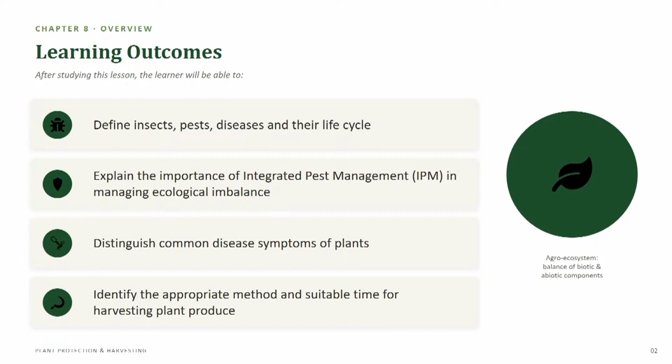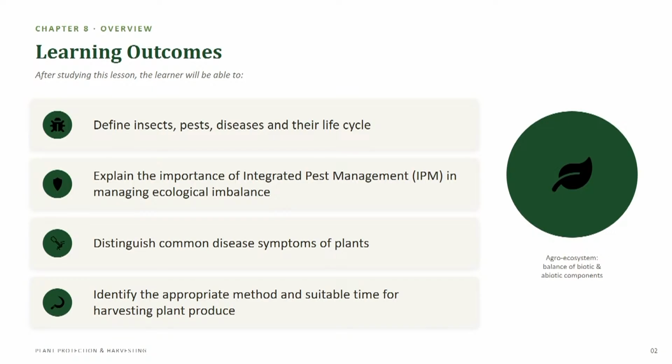So dear learners, the learning outcome of this session is that after completion, you will be able to know the definitions of insect, pest, and diseases and their life cycle.